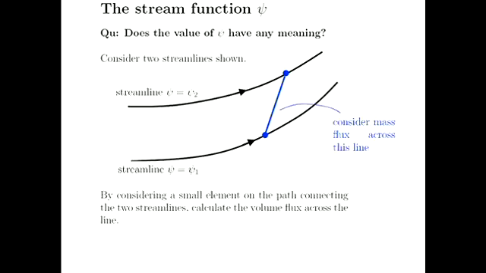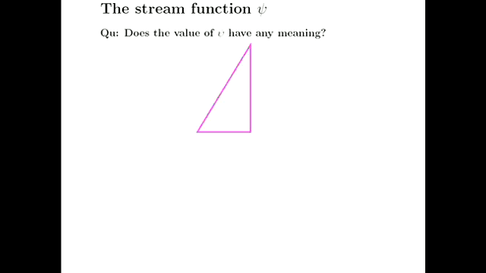What I'm going to do is consider some small element, which I'm highlighting in that magenta color, which you probably can't see, and consider the mass flux or the volume flux across that small element, which I'm zooming in on now in this slide.